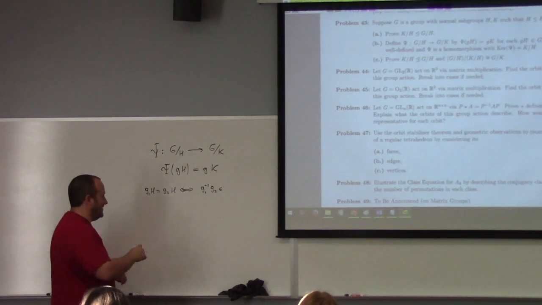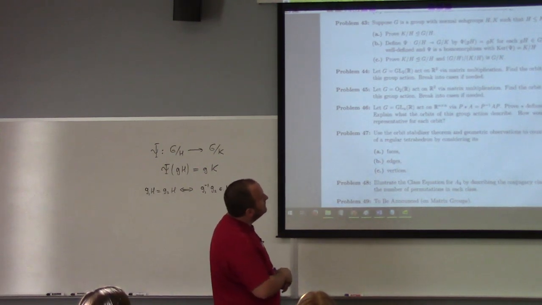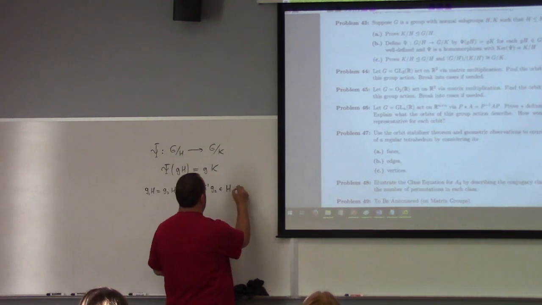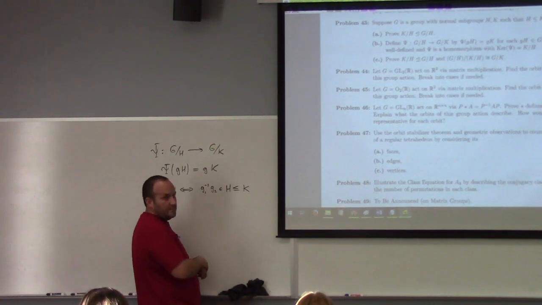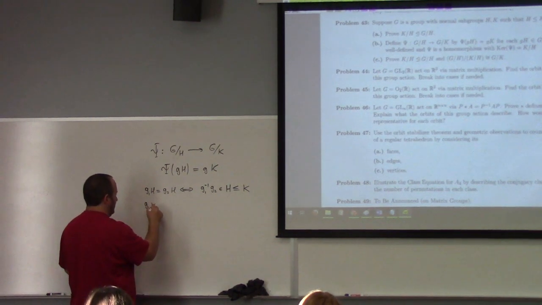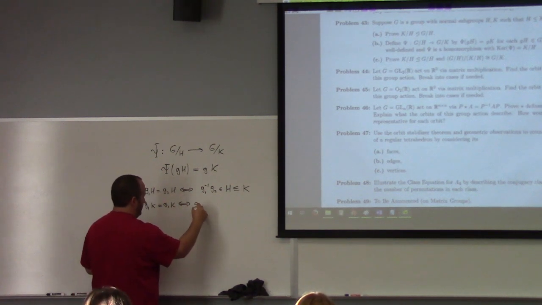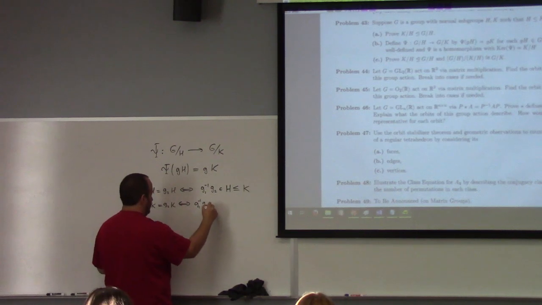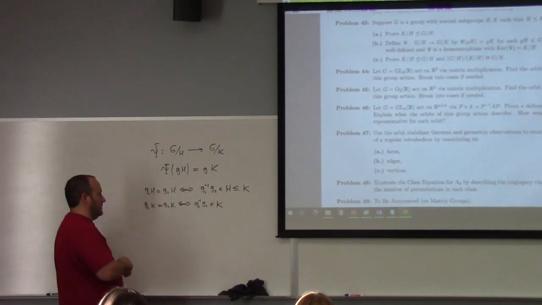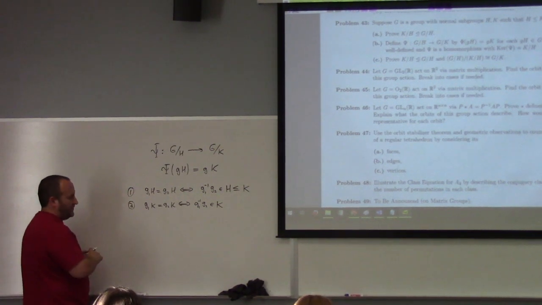H, yes, right, H. But what is H? It is a subgroup of K, right? So that means that g1K equals g2K if and only if g1 inverse g2 is, I mean, both 1 and 2, I'm just referencing an earlier lecture.